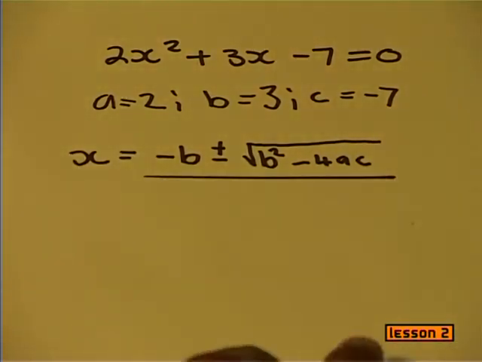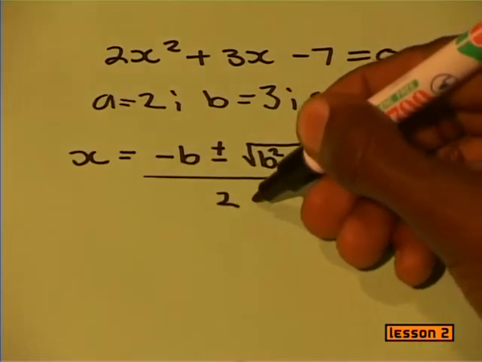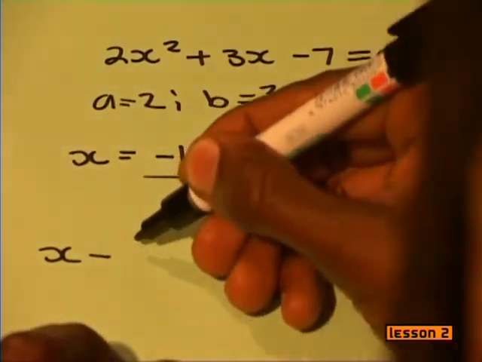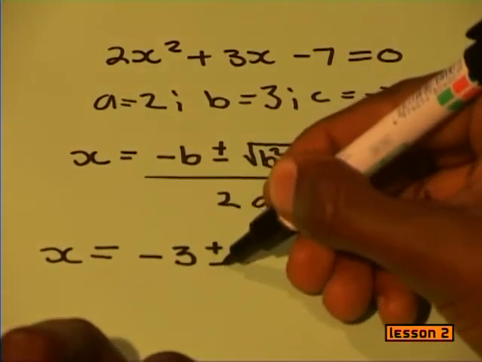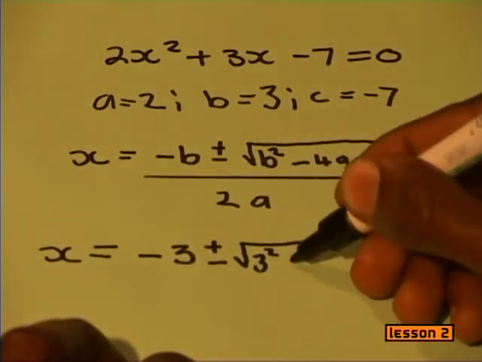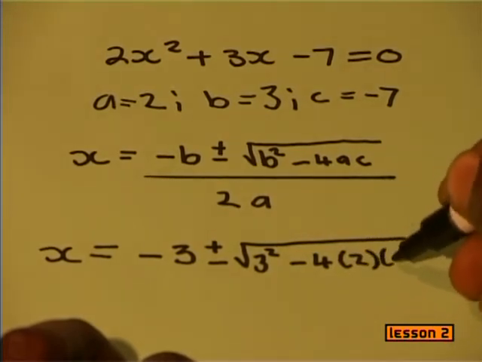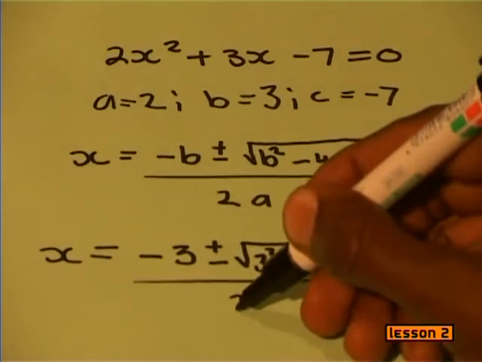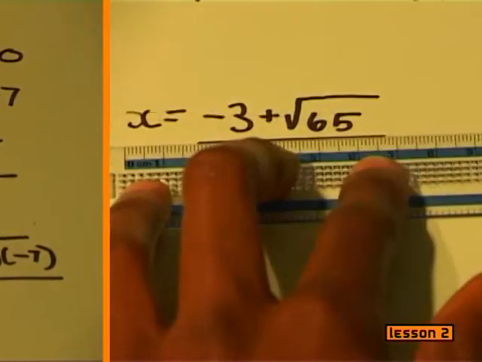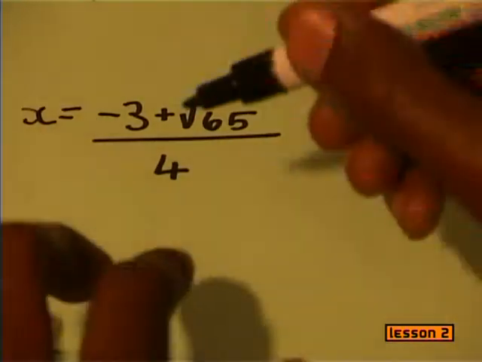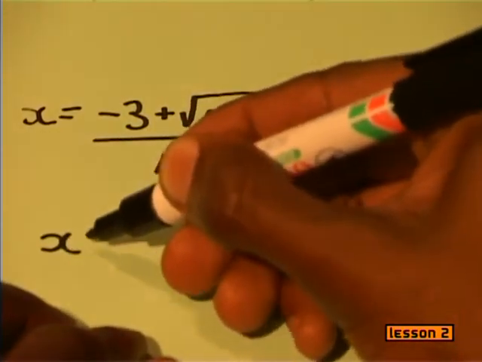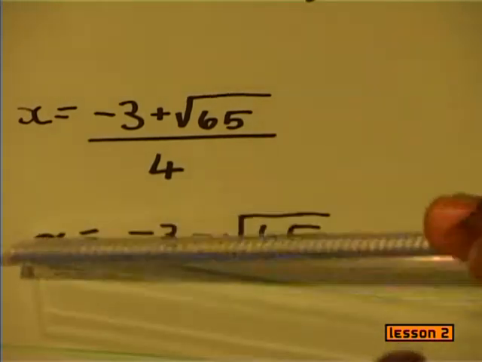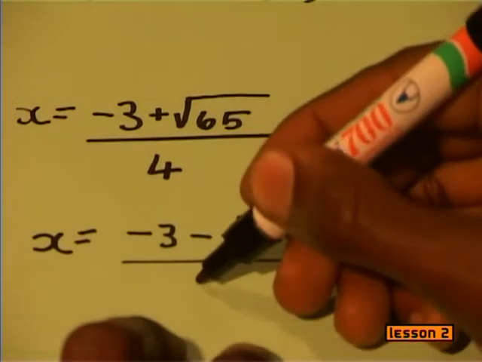Minus b plus or minus the square root of b squared minus 4ac, all divided by 2a, which gives me minus 3 plus or minus the square root of 65, all divided by 4.